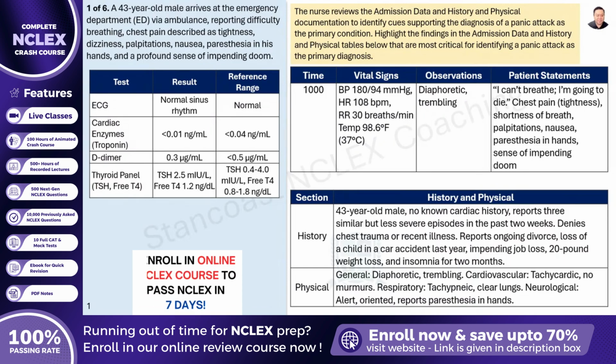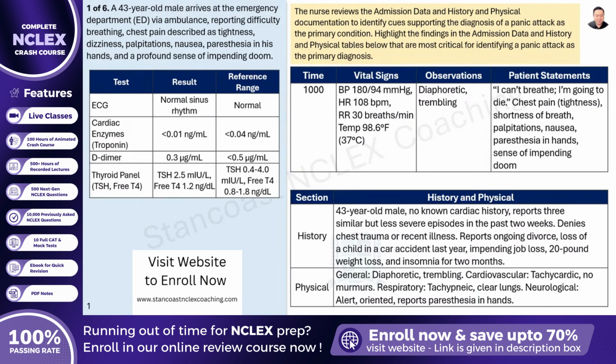For the history and physical documentation, this patient has no known cardiac history, reports 3 similar but less severe episodes in the past 2 weeks, denies chest trauma or recent illness, reports ongoing divorce, loss of a child in a car accident last year, impending job loss and 20-pound weight loss, and insomnia for 2 months.